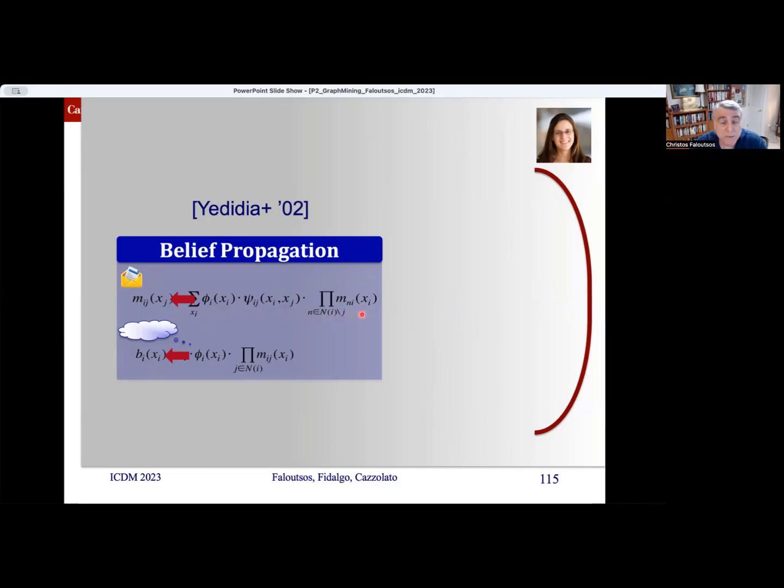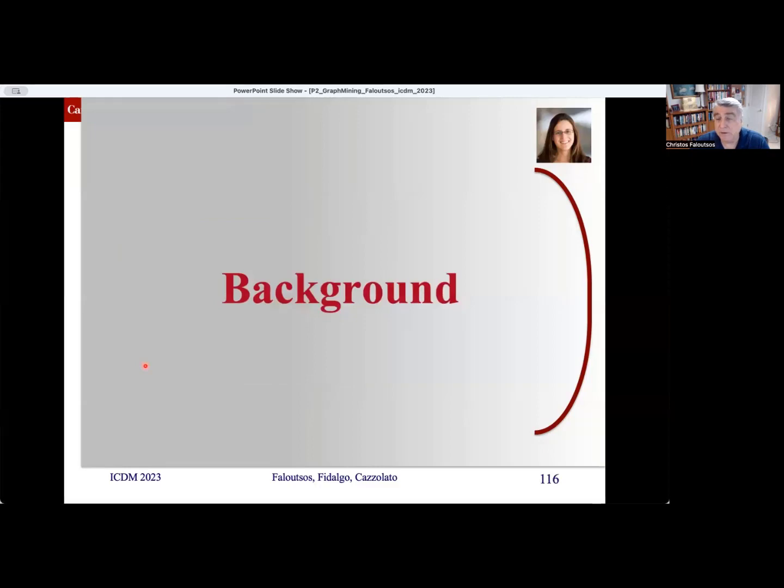So if my neighbor is red, it sends me a red message. And here is how the messages are combined to create the belief of the ith node. The ith node gets all the messages Mij from its neighbors, and if all of them say you should be red, then this node tries to become red. This is good. This is from 2002, Yedidia, and earlier. And this is the end of the background.